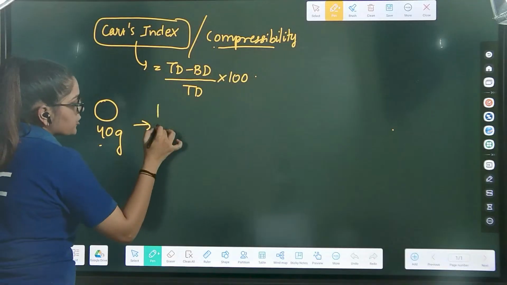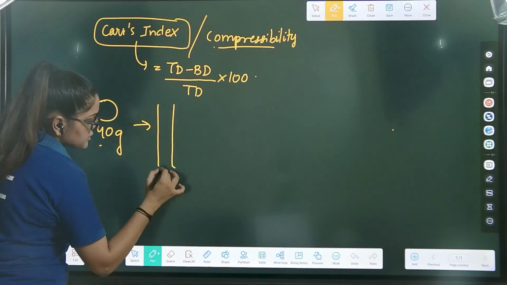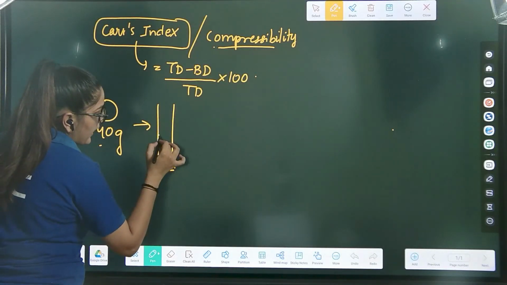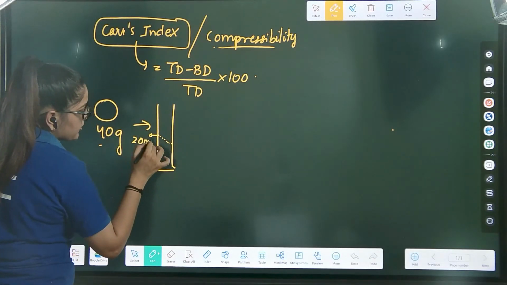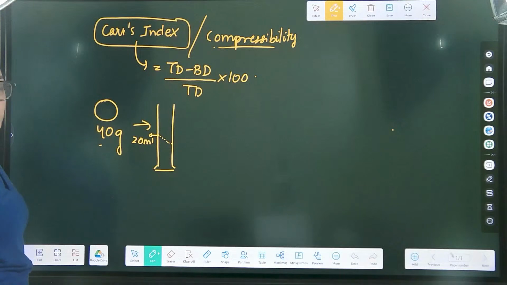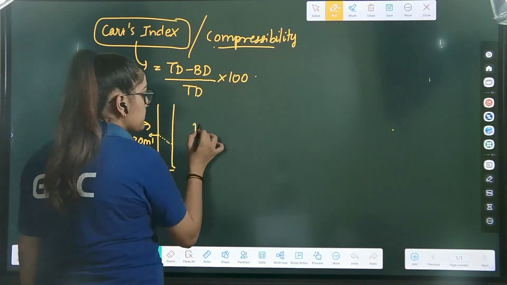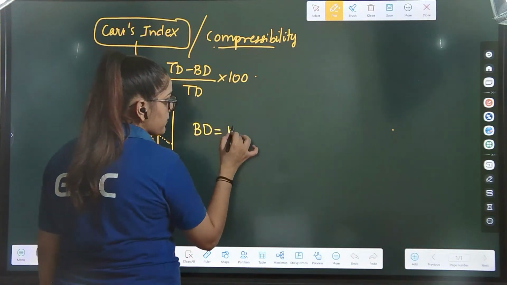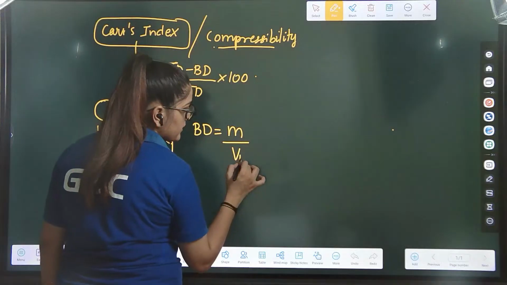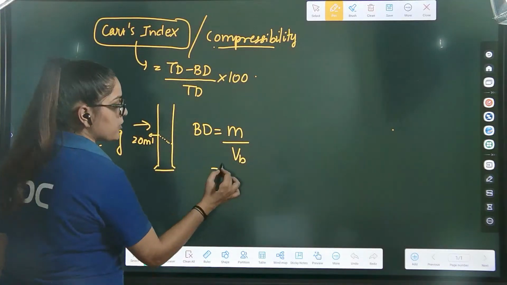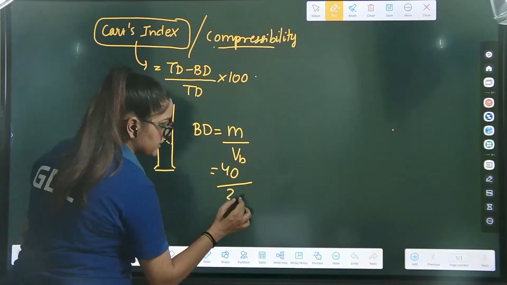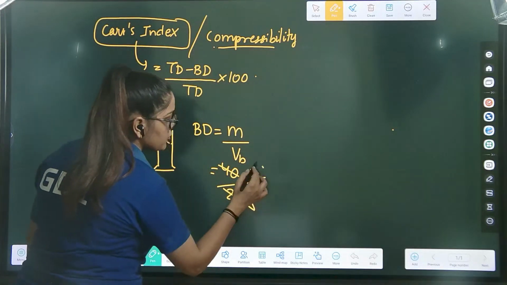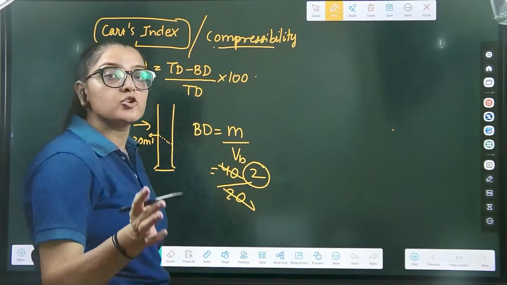You put this powder in a measuring cylinder and you get a volume of 20 ml. Here the bulk density is mass upon bulk volume. Mass is 40, volume is 20 ml, so you get the bulk density as 2.